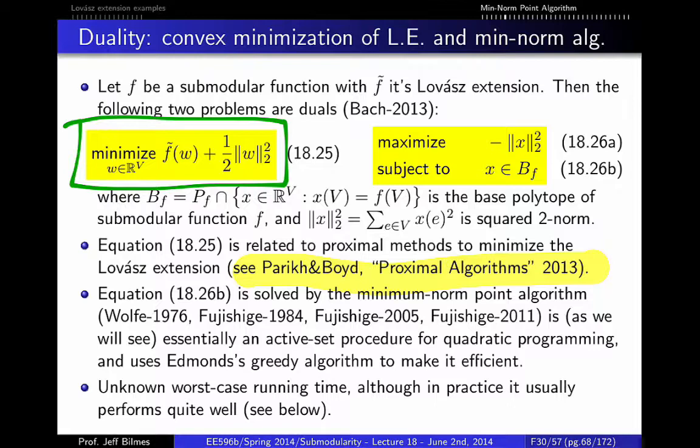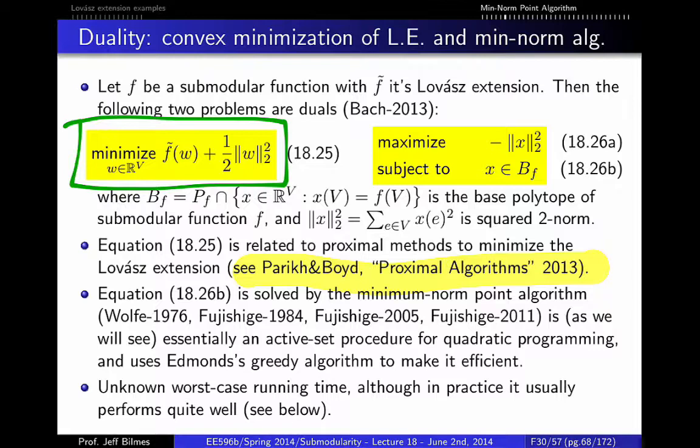But it's interesting that you can derive by strong convex duality, again, the proof that the minimum norm point and proximal methods solve the submodular function minimization problem, using the fact that when we've got the minimum of the Lovász extension, we can construct the minimizers of the submodular function.